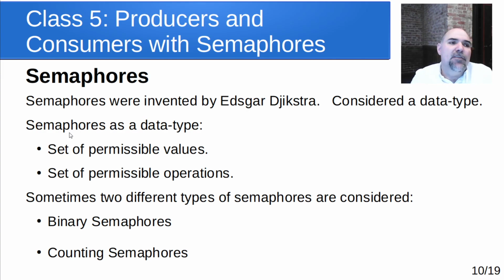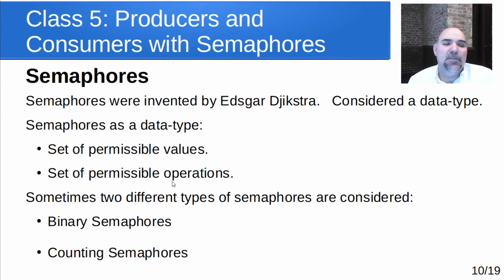But the way he thought of it was, semaphores are a data type. So a semaphore is a data type like an integer or a float or a string or something like that. And just like any data type, it's got a set of permissible values and a set of permissible operations that can be performed on that data type.